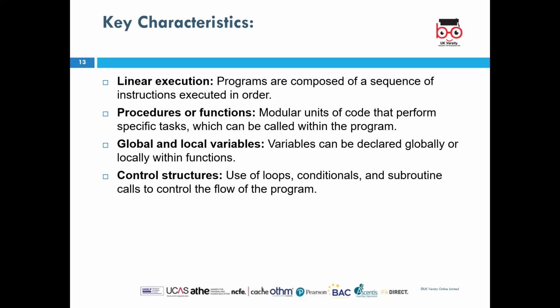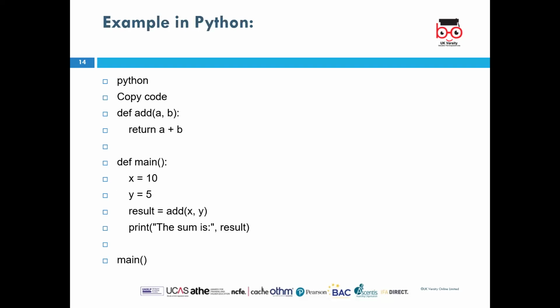Control structures, which means we can also use loops and conditionals to create our iterations. And here we have a clear example of declaring our variables, and we will now be returned a value.